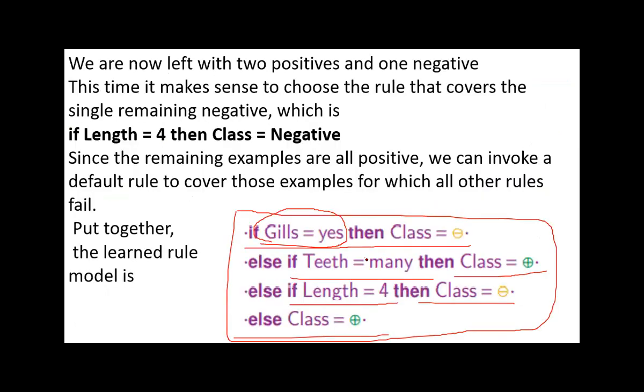Here, if gills is equal to yes, then class is negative. Else, that means this will be executed only if gills is not yes. This rule is limited by this rule.